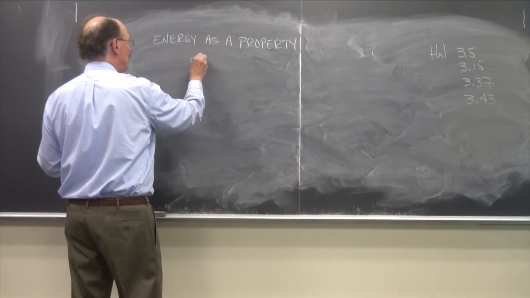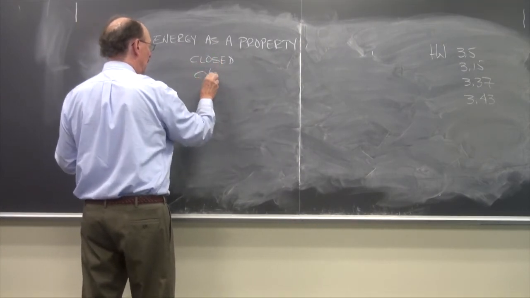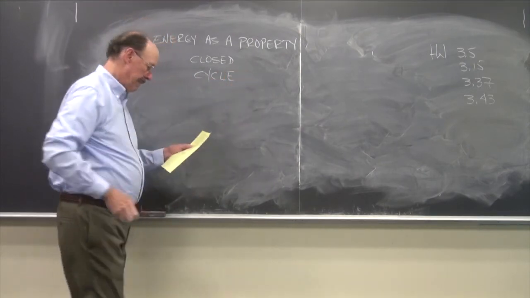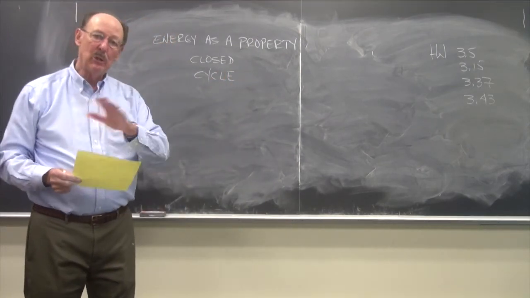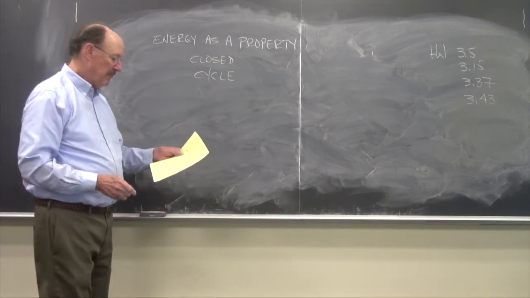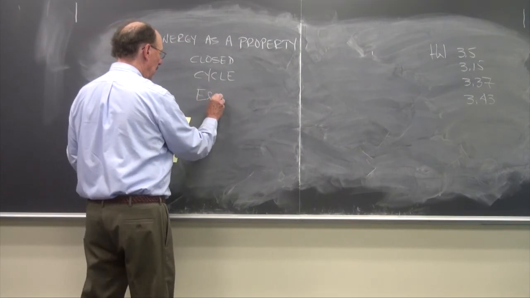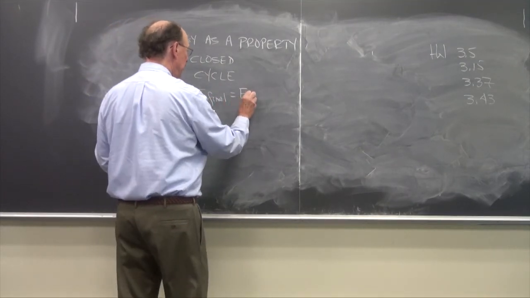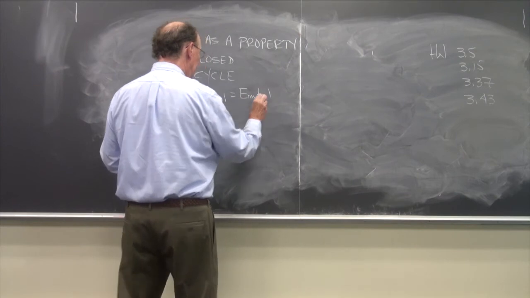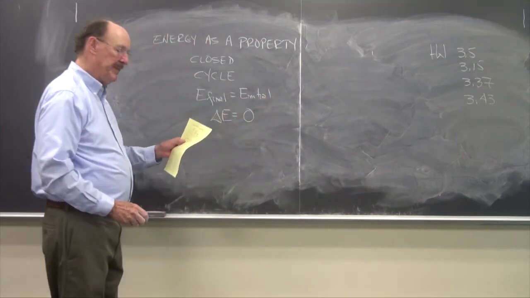It's closed and we're looking at a cycle. You can look at it in the text, but basically for a cycle we know that energy final is equal to energy initial, and therefore delta E is equal to 0.